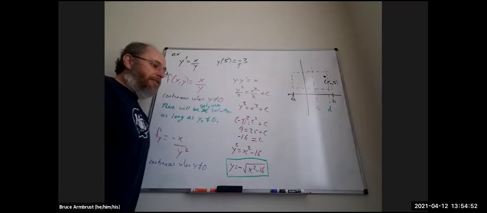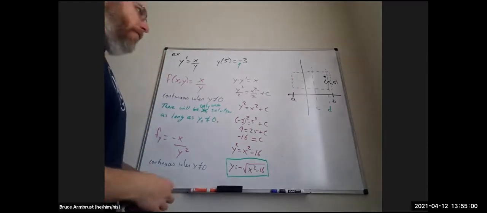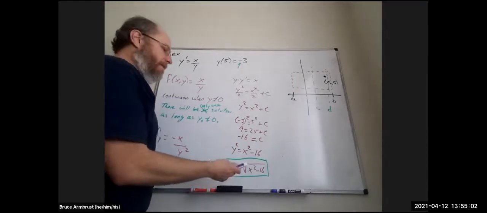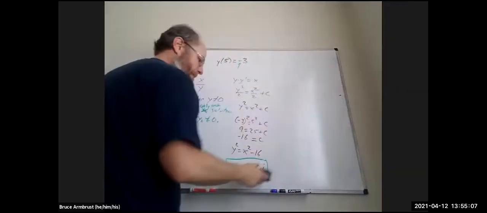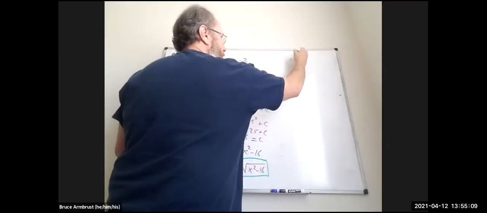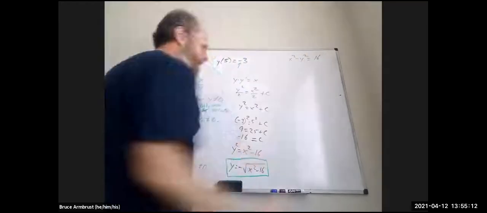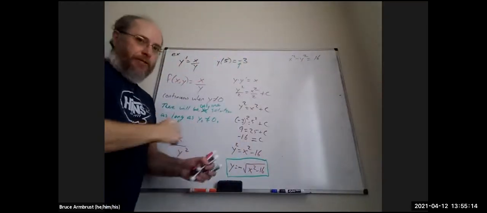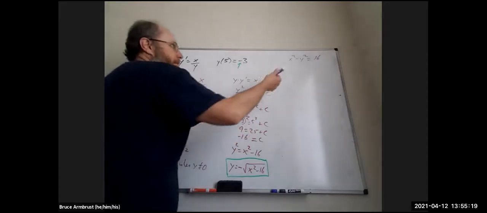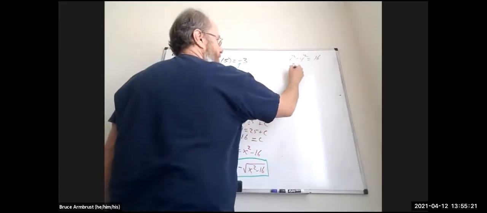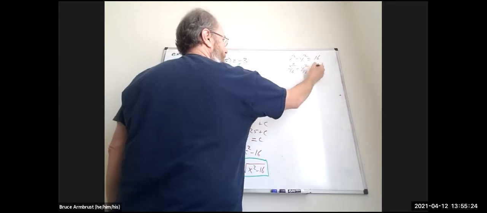Is that a hyperbola? Yeah, this actually is a hyperbola. If you were to turn it into the form that you know for a hyperbola, this would be x squared minus y squared equals 16. If you just shuffle some stuff around, when you divide by 16, it's x squared over 16 minus y squared over 16 equals 1.